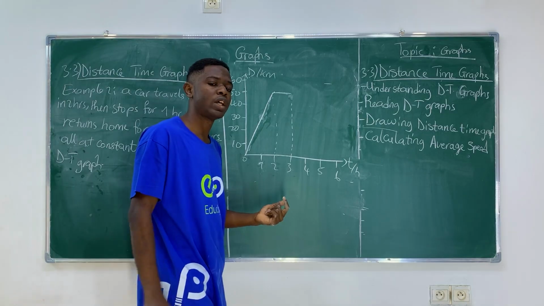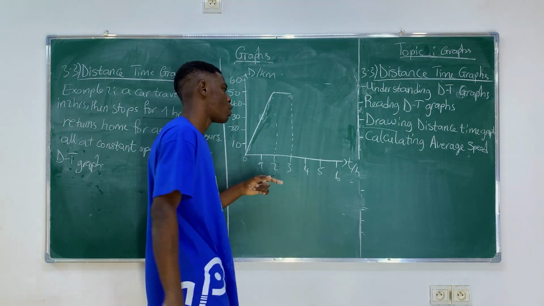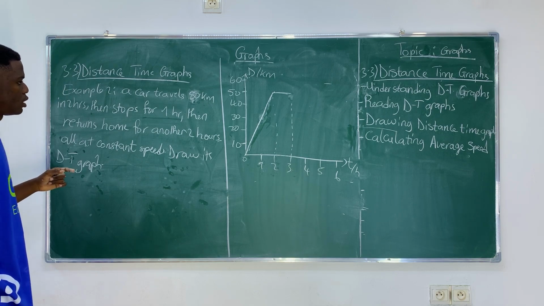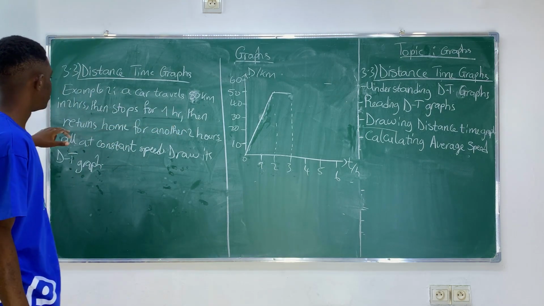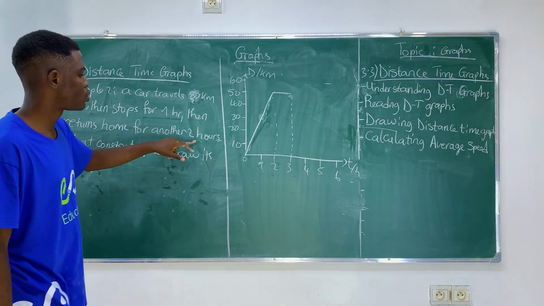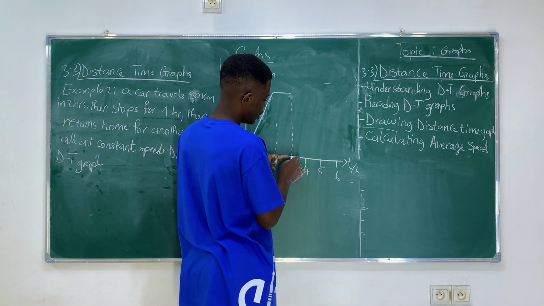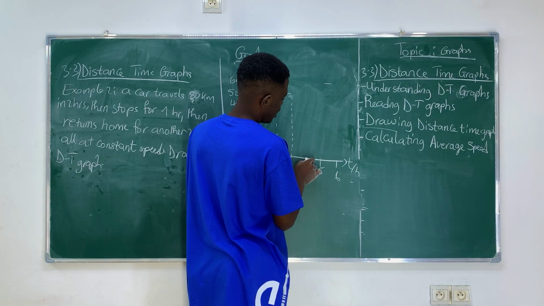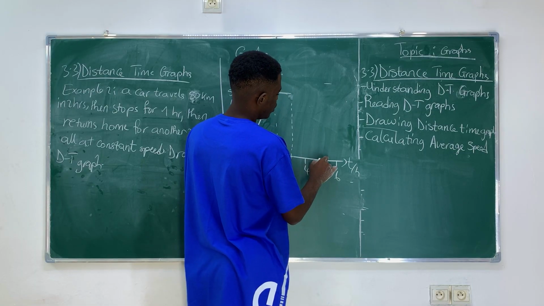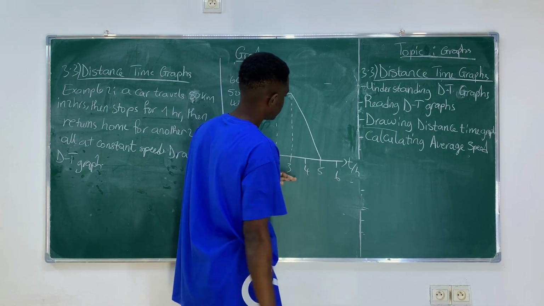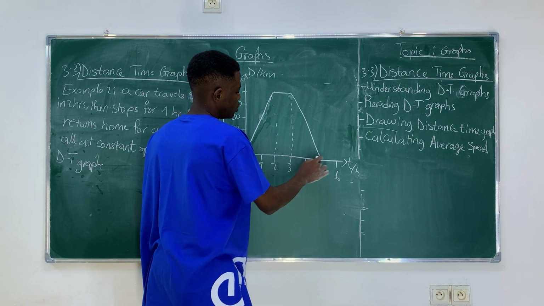When they say it stops for 1 hour, it means from the second to third hour, it stops. What does it say next? Then returns home for another 2 hours. So he uses 1 hour here and 2 hours here to return home. So he is from there and returns home like this for 2 hours.